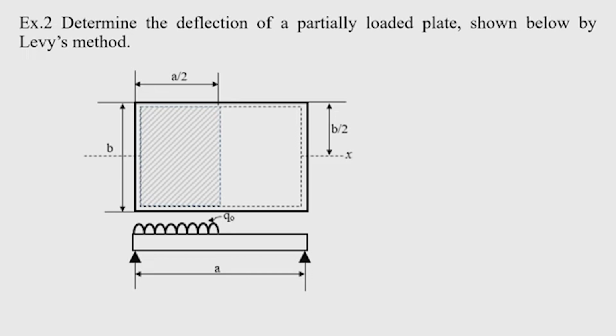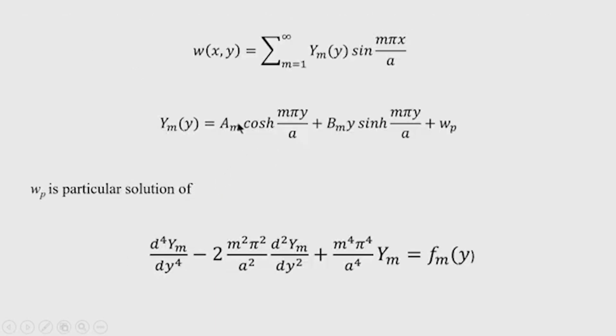So, plate length is a and the width is b. Now, again you can note here that the plate is symmetrical about the x axis. So, therefore, I write this equation with the symmetric terms again. So, symmetric terms are taken, and W p is the particular integral.